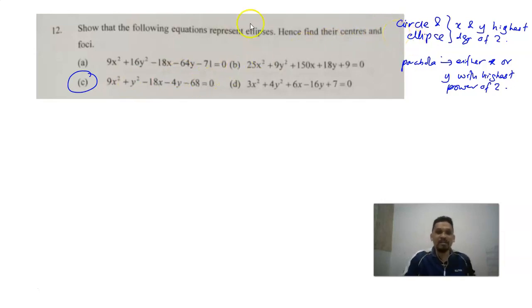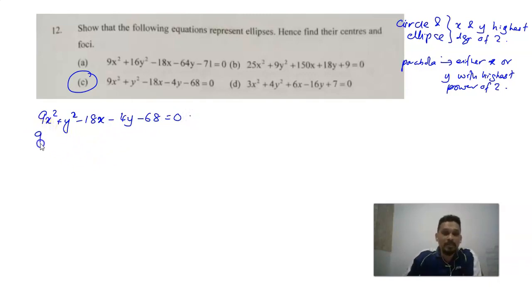But since the question mentions that the equation represents an ellipse, so then 9x squared plus y squared minus 18x minus 4y minus 68 equal to 0. Okay, so 9x squared minus 18x plus y squared minus 4y minus 68 equal to 0.